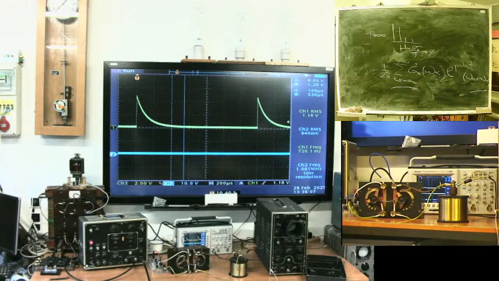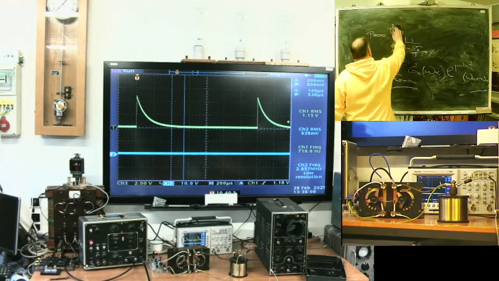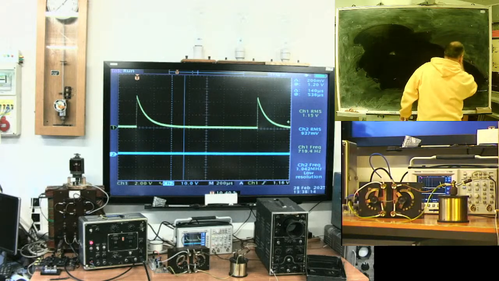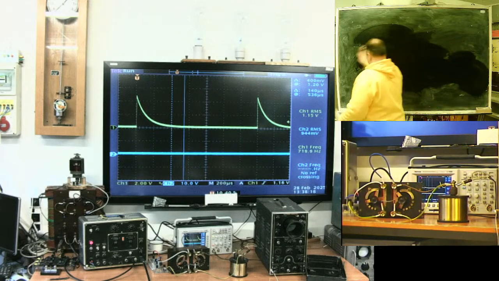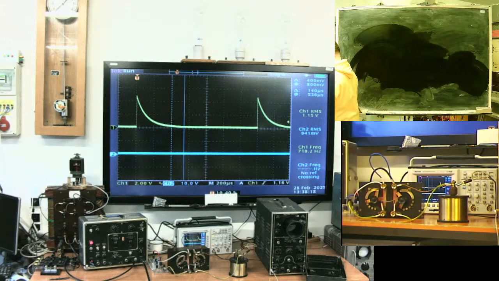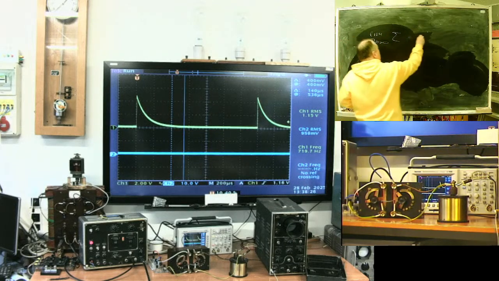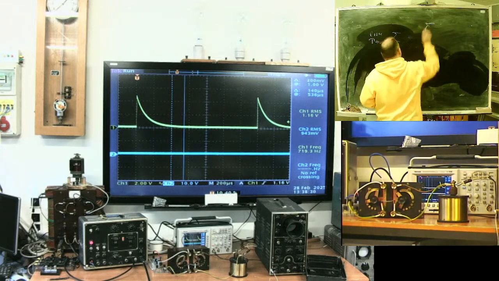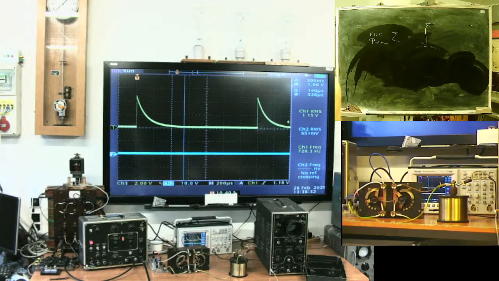Okay. So the limit of the sum will be an integral within infinite margins.